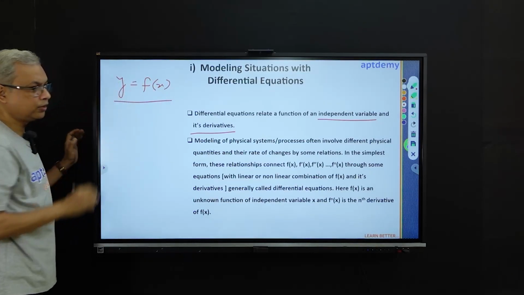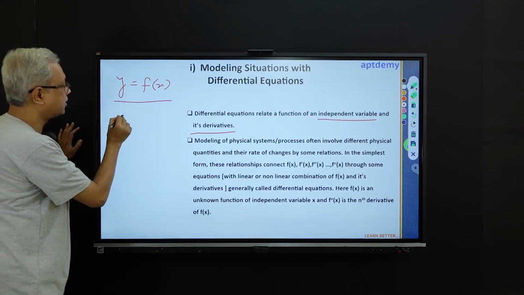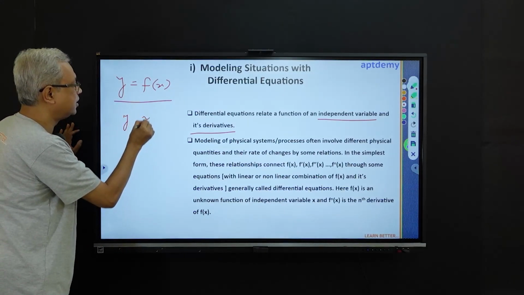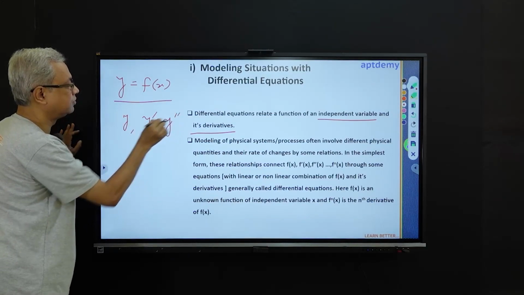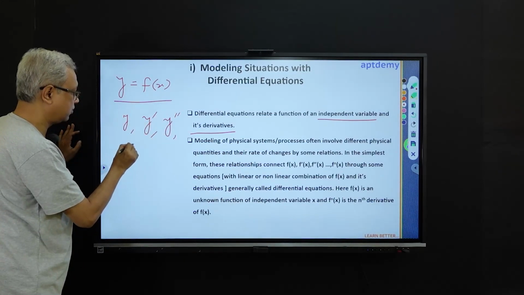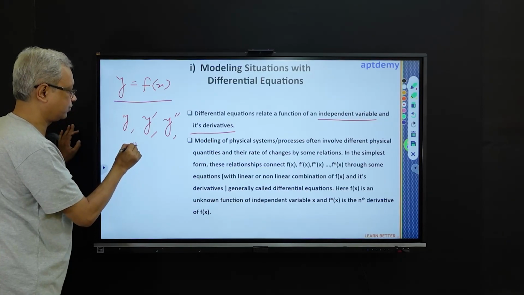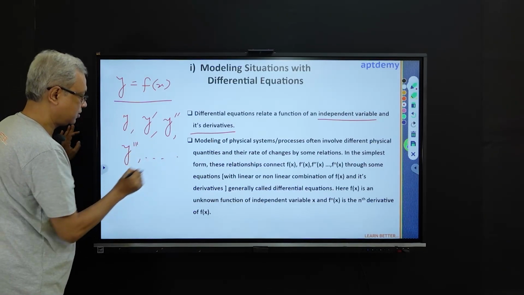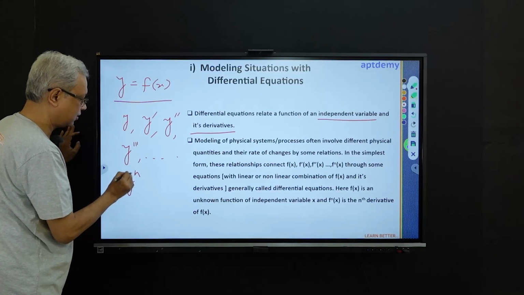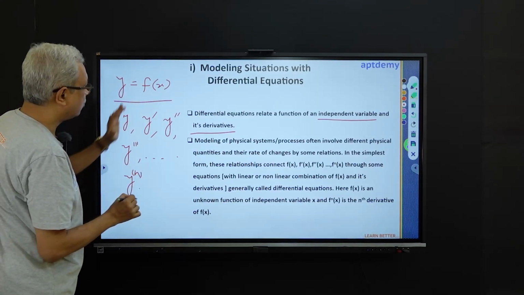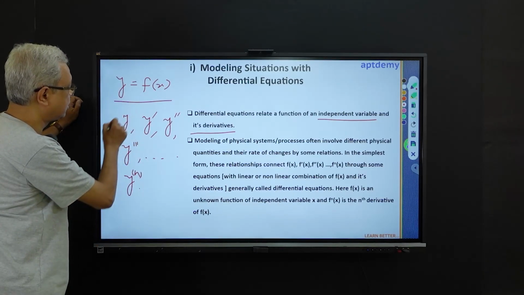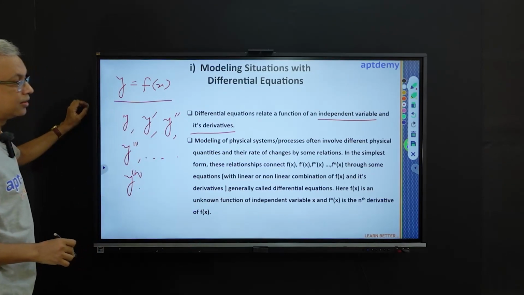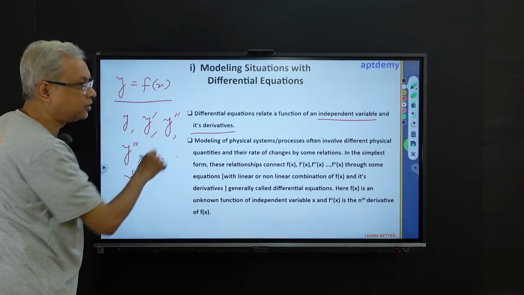So a differential equation connects y and its derivatives: this is the first derivative, this is the second derivative, this is the third derivative, and so on, maybe the nth derivative. It is an equation which connects all these quantities by some functional relationship.